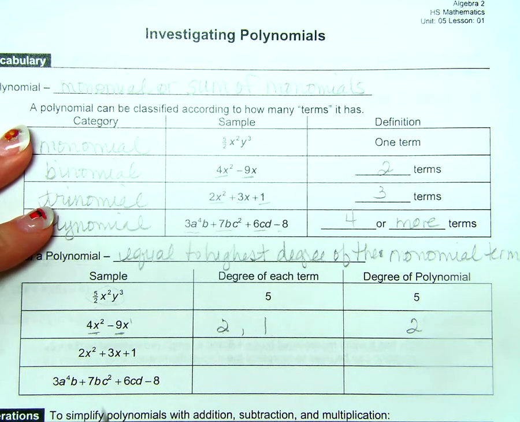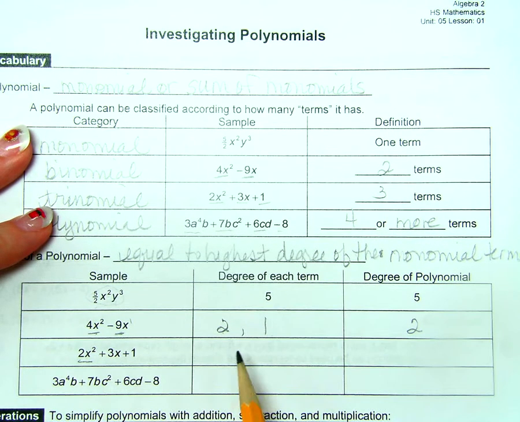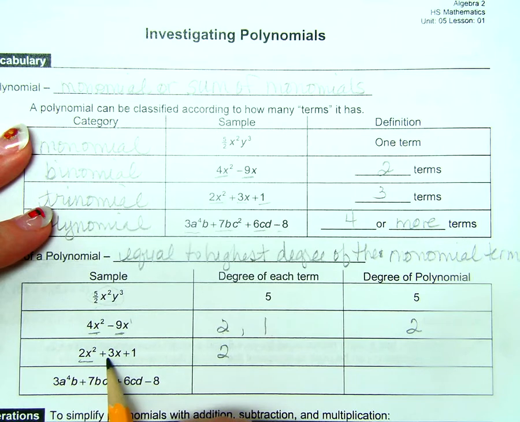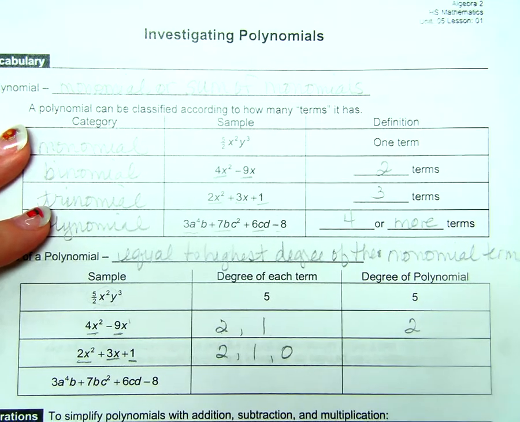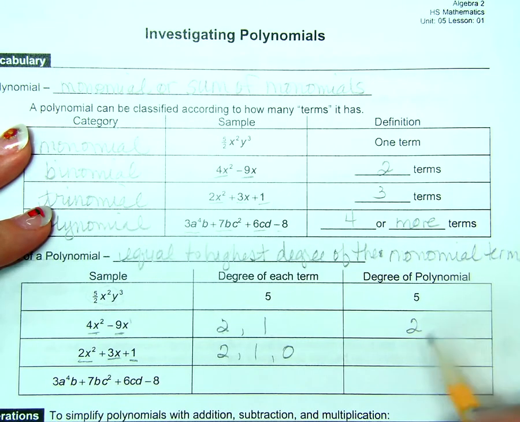Here it's 2. Here is 1. And here, since there are no variables, the degree is 0. So the degree of the actual polynomial then is 2, because that's the highest monomial degree.